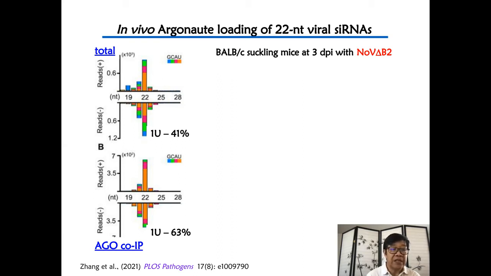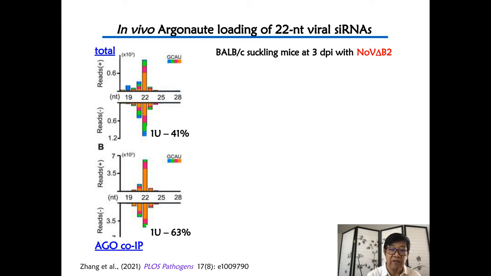As you can see, these Nodamura viral siRNAs accumulate to very high level in Argonaute complexes, shown in the bottom panel. They are mainly 21 to 23 nucleotides long, and predominantly 22.